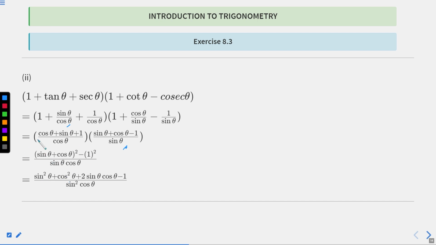Now you can use the identity a plus b whole square is equal to a square plus 2ab plus b square.